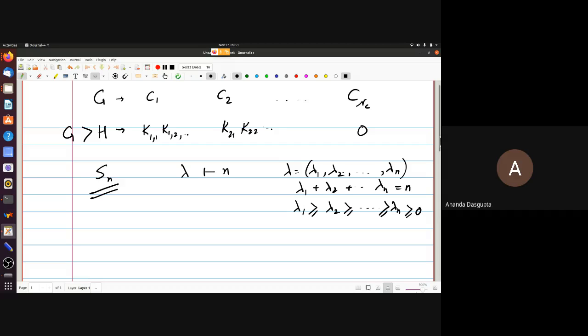In general, this is a statement which is true, as you all know, that the number of irreps of a group is equal to the number of its classes. So there is a one-to-one correspondence between classes and irreps. All that is saying is that they are equal in number.